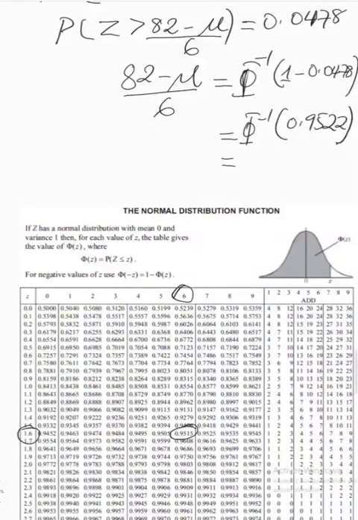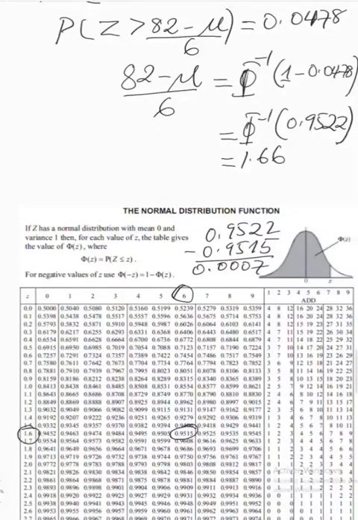So we have 1.66, and then we find the difference, 0.9522 minus 0.9515, which gives 0.0007.